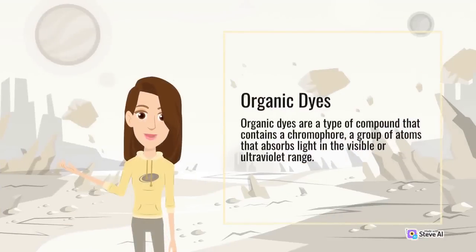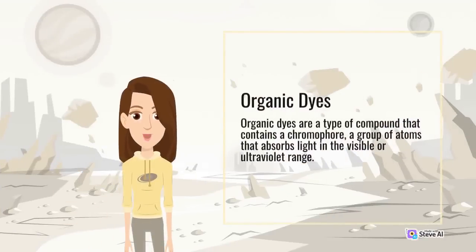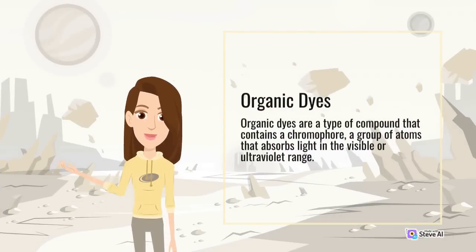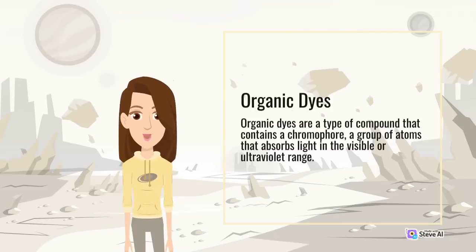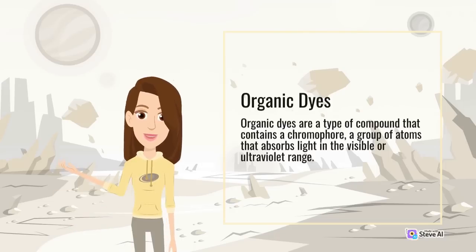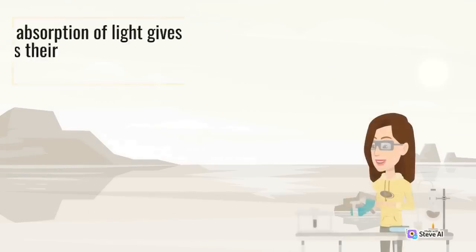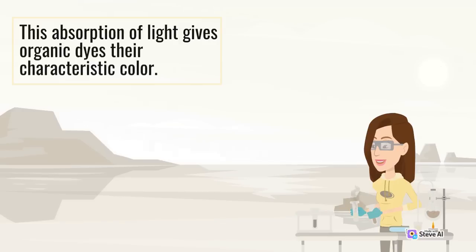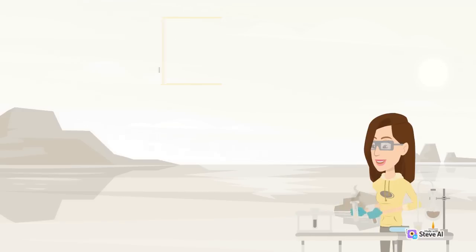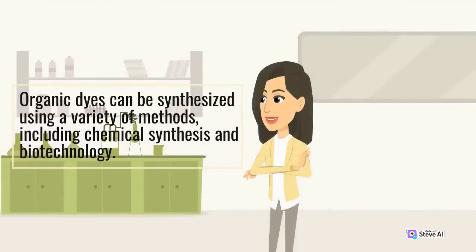Organic dyes. Organic dyes are a type of compound that contains a chromophore, a group of atoms that absorbs light in the visible or ultraviolet range. This absorption of light gives organic dyes their characteristic color. Organic dyes can be synthesized using a variety of methods, including chemical synthesis and biotechnology.